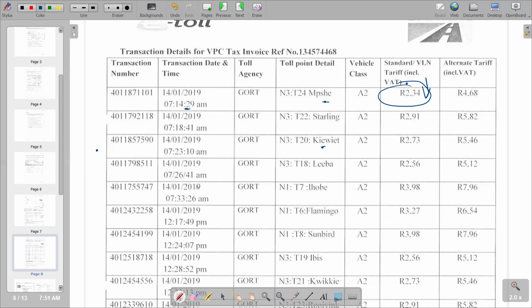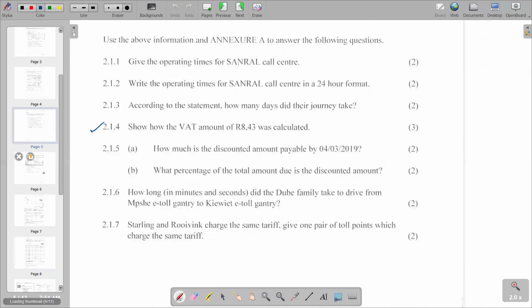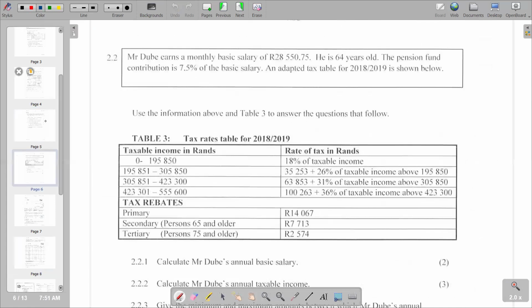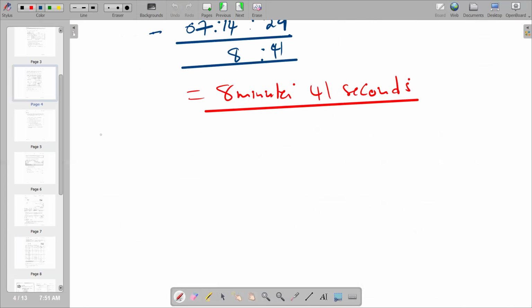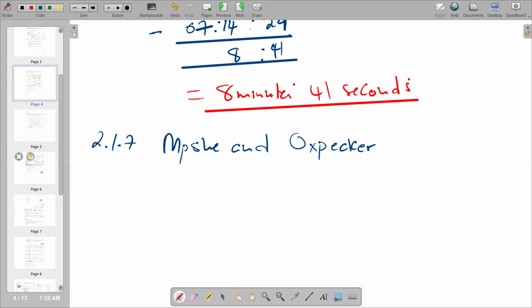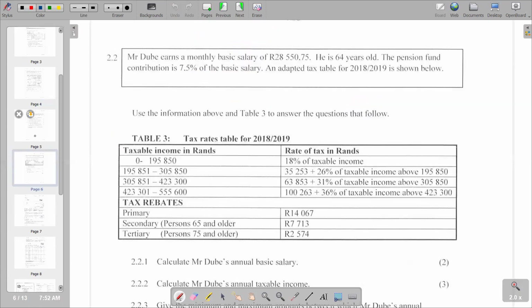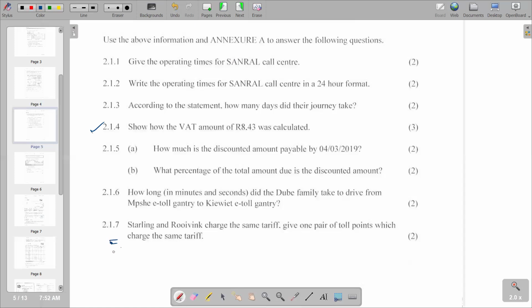So this becomes another pair that we can mention, for 2.1.7. So basically this is what we have in terms of that one. Then moving on to the next question that we have. You see that this becomes the last question that we have on 2.1.